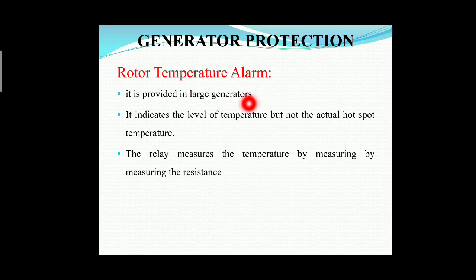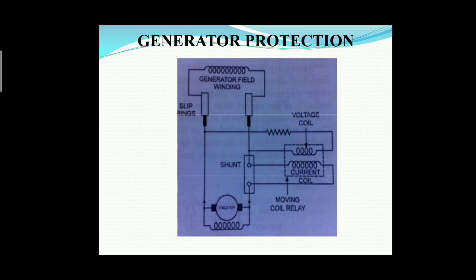The rotor temperature alarm is used in the case of large generators. It indicates the level of temperature but not the actual hotspot temperature. The relay measures the temperature by measuring the resistance.